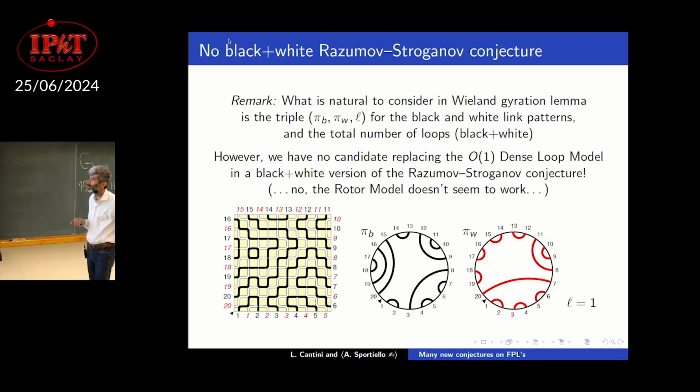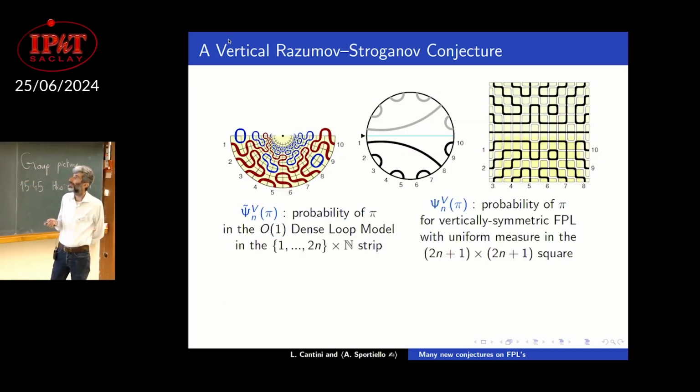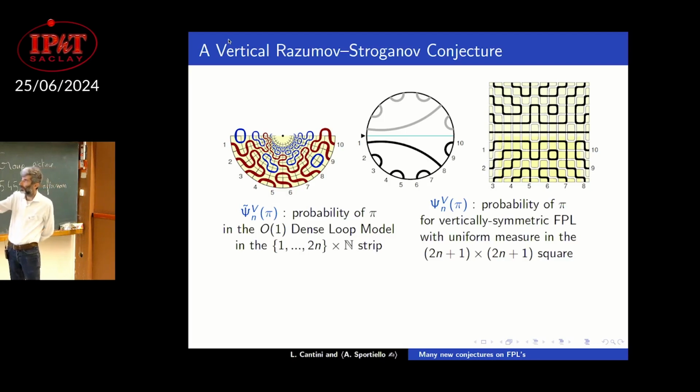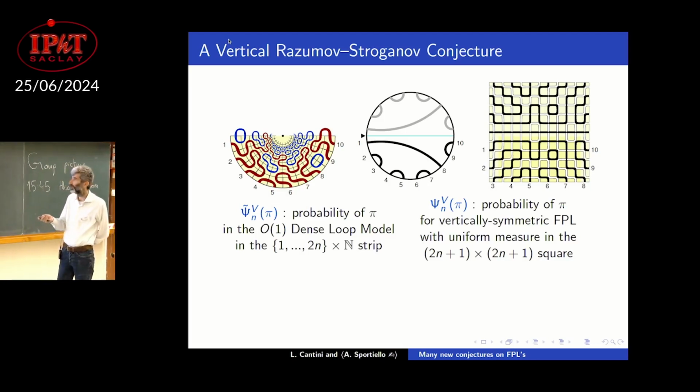And the conjecture exists also in a vertical version, thus using vertically symmetric ASM, which is in a sense the open version of the spin chain or loop model.